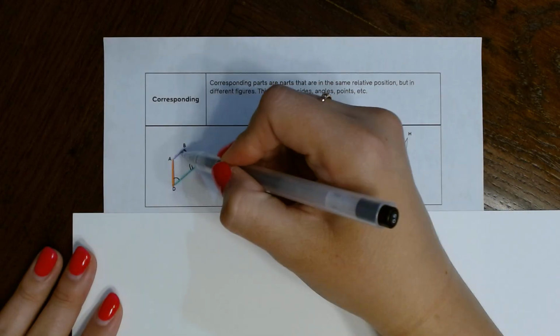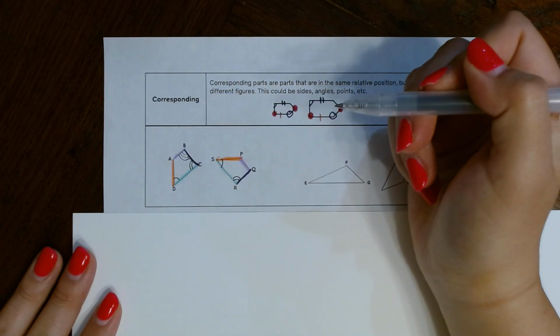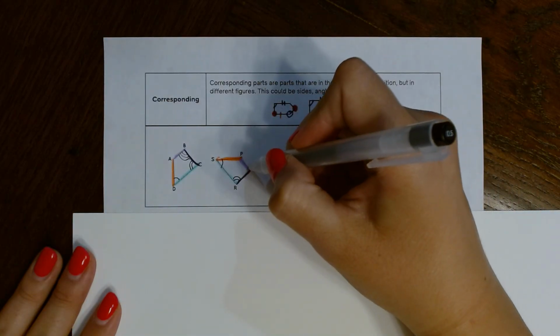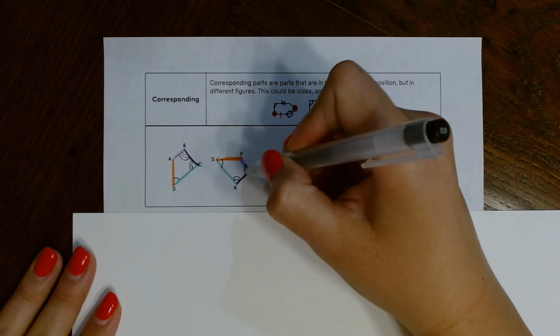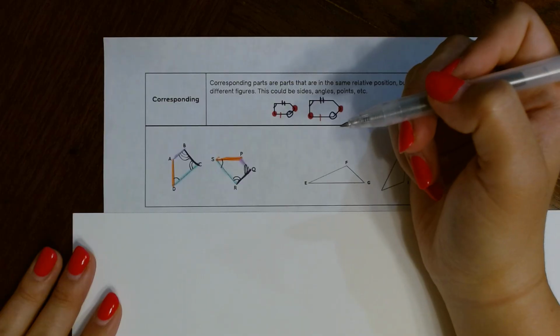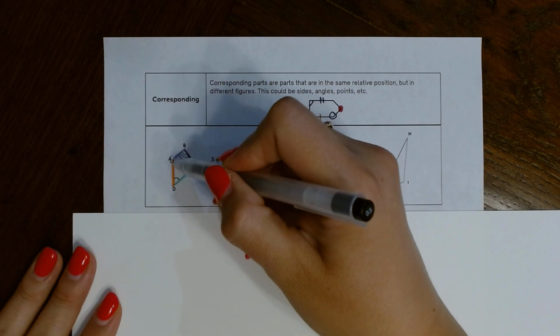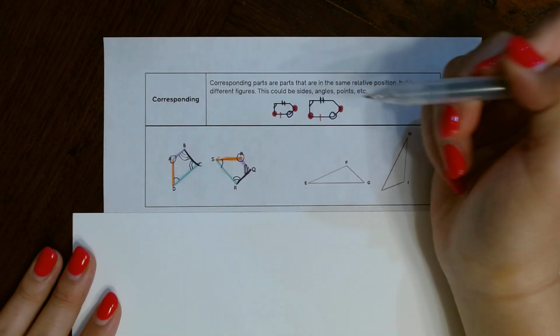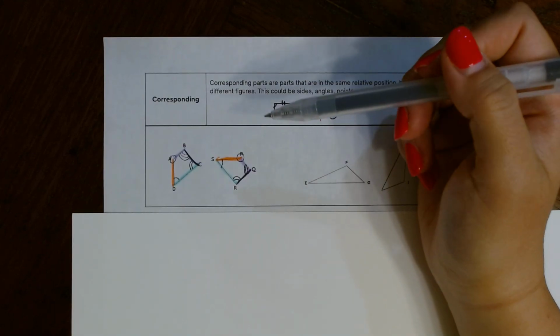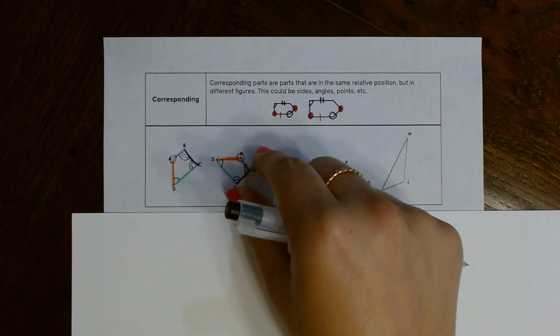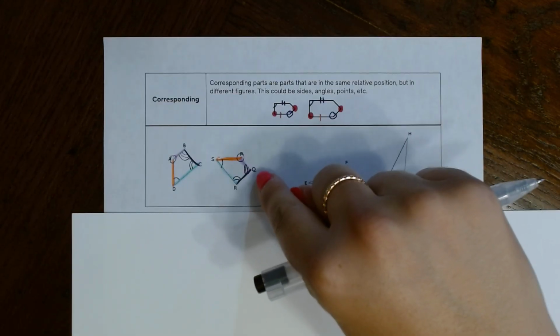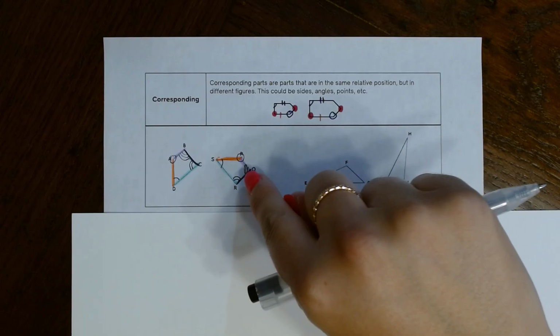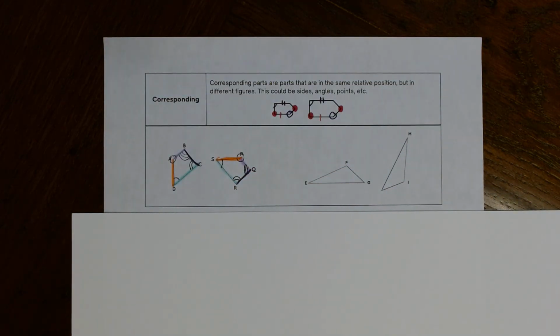I'm going to give this one 3. 1, 2, 3. And the corresponding angle is Q. 1, 2, 3. And then this angle right here, I'm just going to circle. There's a lot of lines there, so I'm just going to circle it. So those are corresponding. So if I were to turn this, all of these colors and angles and lines would match up. Okay, they're corresponding.